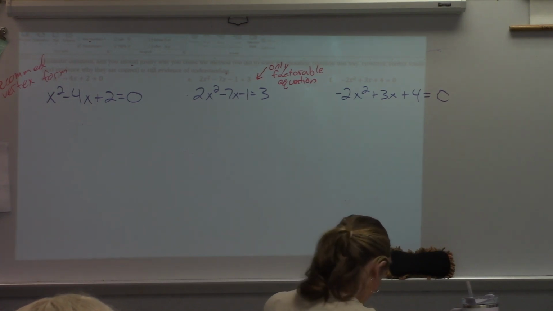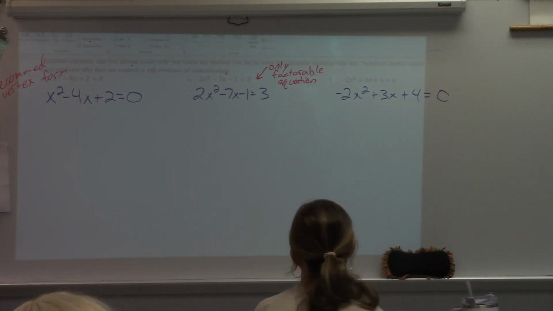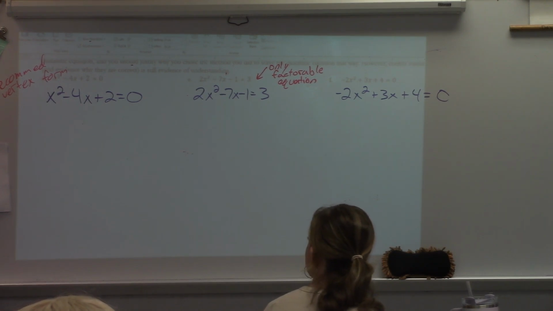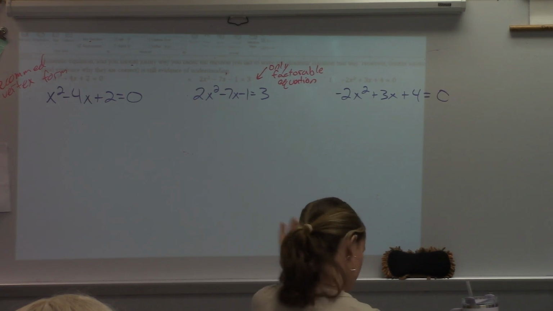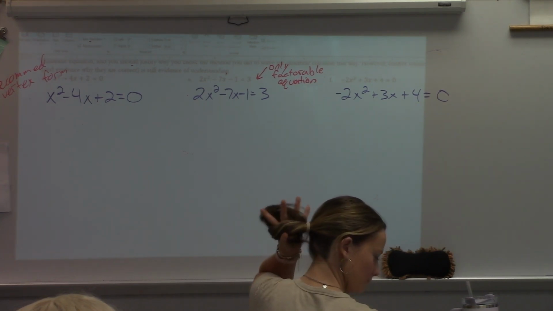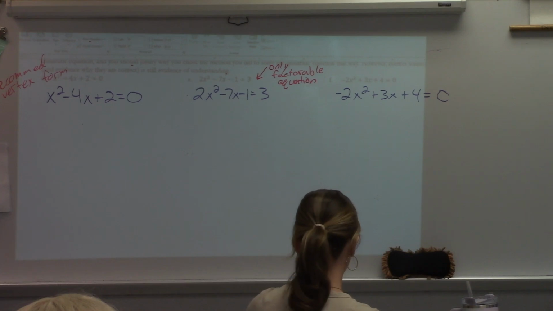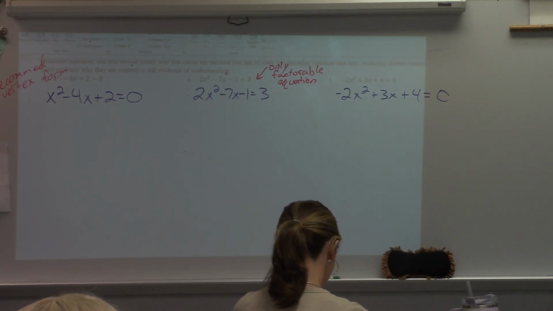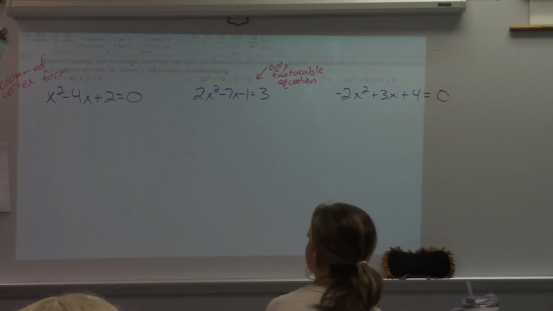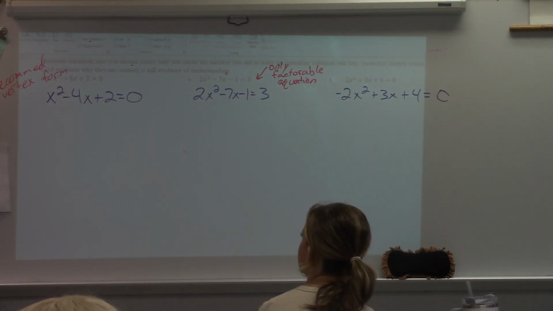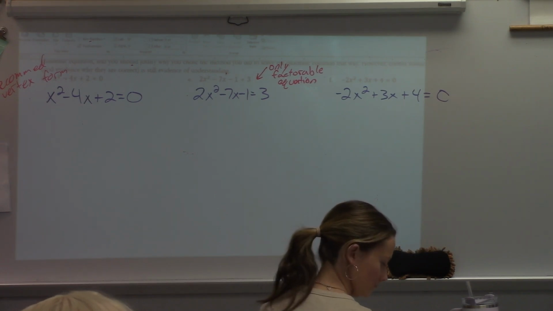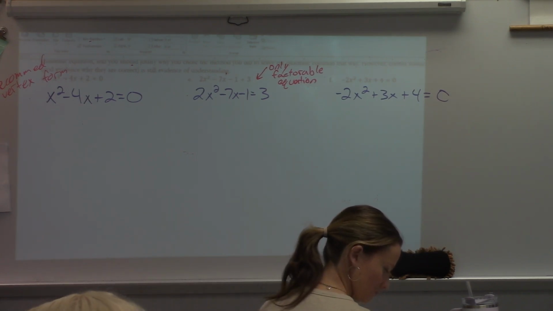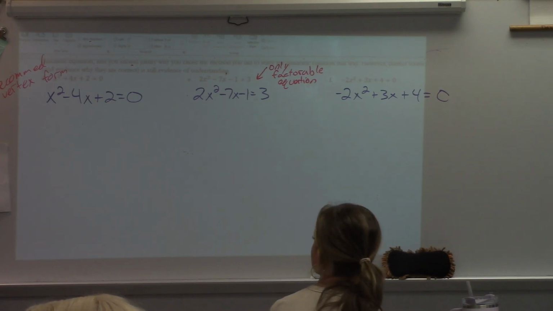Guys, remember, which quadratic equations can we use the quadratic formula on? All of them in standard form, as long as what is true? Equal to what? 0. So which of these as it currently stands can I not use the quadratic formula on? E, right? Keep in mind that to use the quadratic formula, it has to be standard form, it has to equal 0. But yeah, I would recommend vertex form.